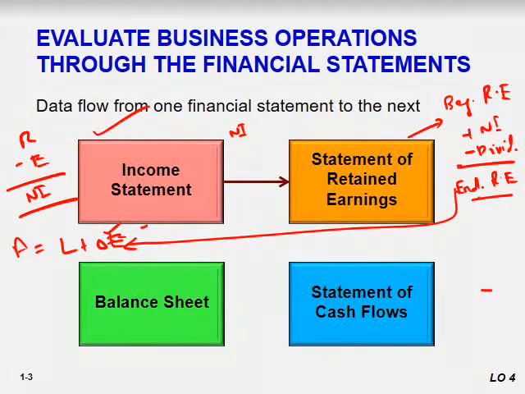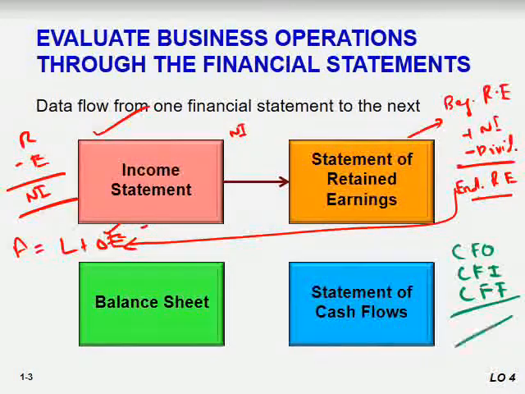The last one is the statement of cash flows. So you can easily find the cash flow from operations, cash flow from investing, and cash flow from financing. This is the plus and minus of changes in cash, right?